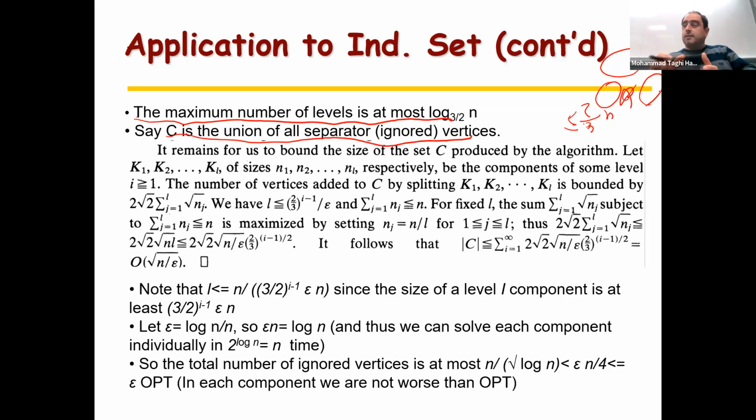Why? Because these are the vertices that potentially an optimal independent set may use, and maybe the independent set is exactly this set of separator vertices. If the size of them is large and we are discarding a lot of vertices, then we are in bad shape.